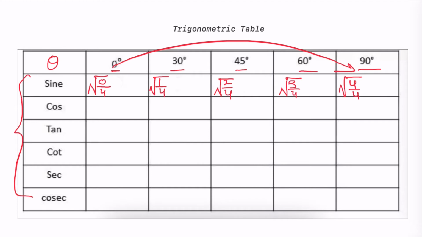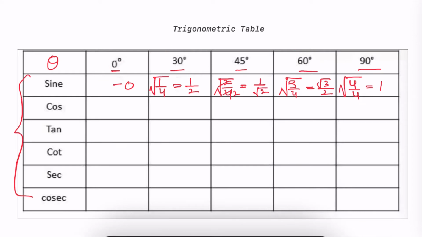So when I solve this, you can see this is 0, this is 1 by 2, this is 1 by under root 2, because when you solve this, it will give you 1 by 2, right? So this will be under root 3 by 2 and this will be 1. Okay, so if I remove all these things, you will have all the basic values of sine theta from 0 to 90.